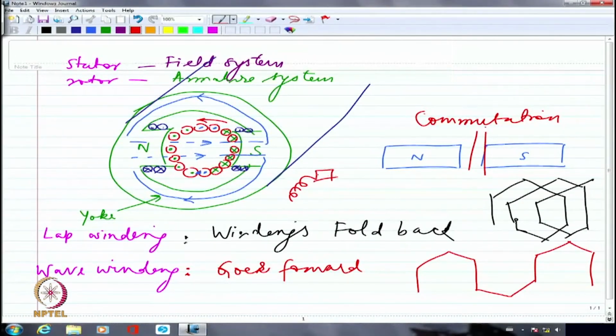One brush will come up here. 3 more turns, I will have one more brush coming up here, 3 more turns, and one more brush coming up here, and 3 more turns between these two brushes. This is how it is going to be.